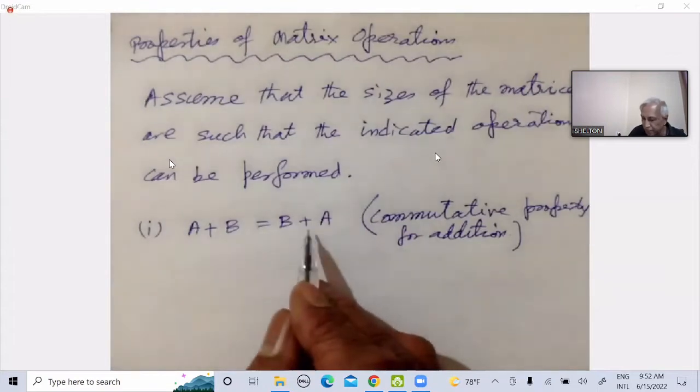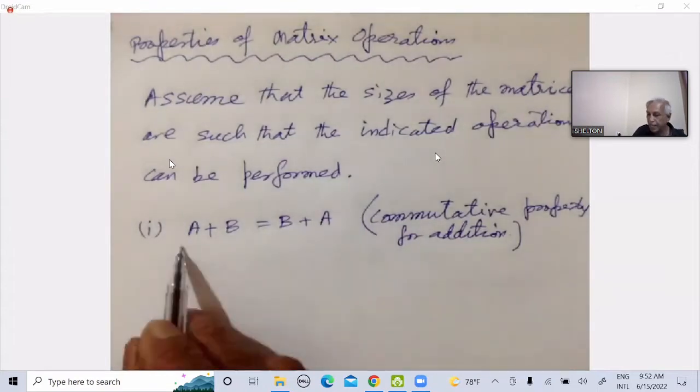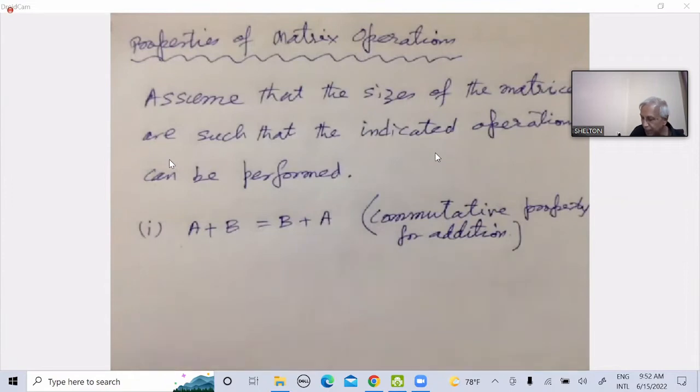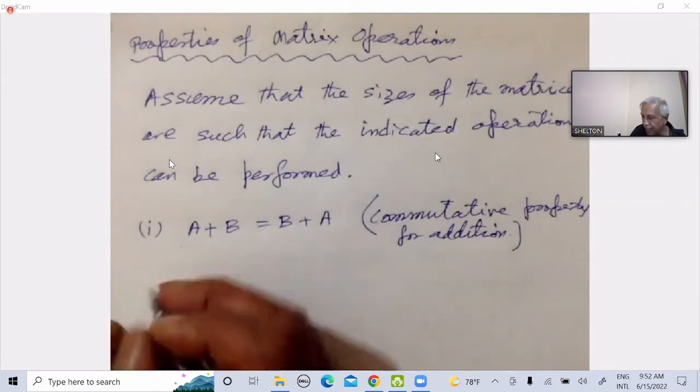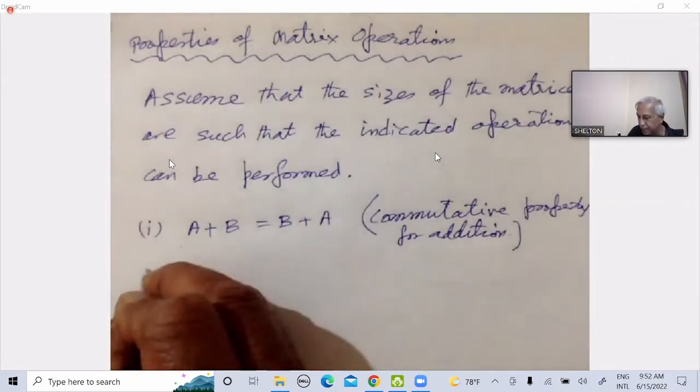Second property, A plus B plus C. Now what are A, B and C? Capital letters indicating matrices, with the plus operation.